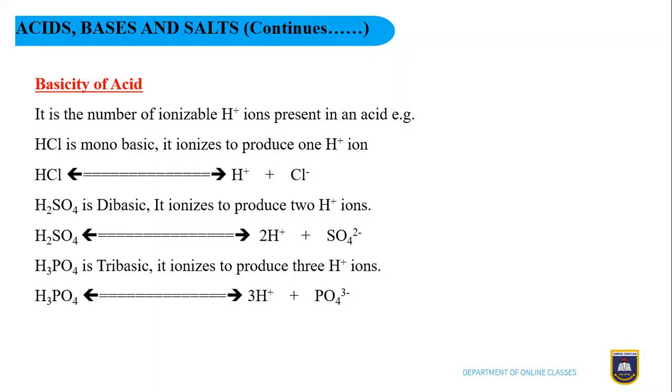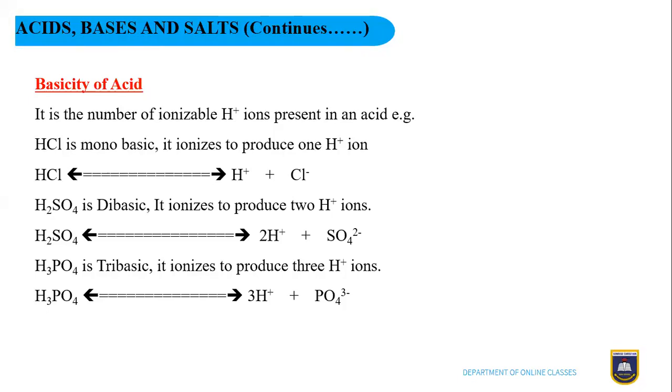Monoprotic acids are those acids that can ionize only one H plus. Polyprotic acids can ionize more than one. If you can ionize two, you are specifically called diprotic. If you can ionize three, triprotic, four, tetraprotic, and so on. It's the same theory here. The number of hydrogen ions that an acid can ionize is the basicity of an acid.